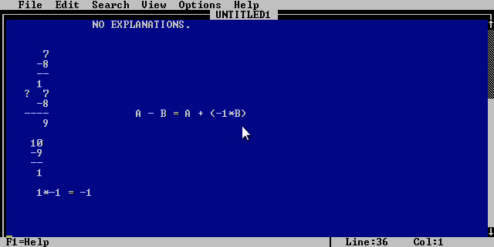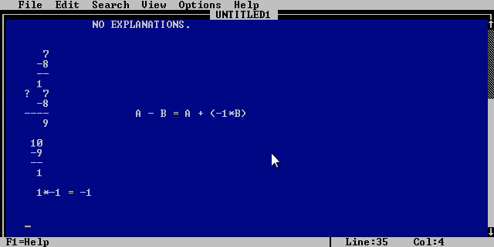Unfortunately, the last step involves multiplication. We're trying to do subtraction, and here we've gone and introduced multiplication. Well, that's one problem. And the second problem is, what's minus 1? You haven't figured that out yet either.